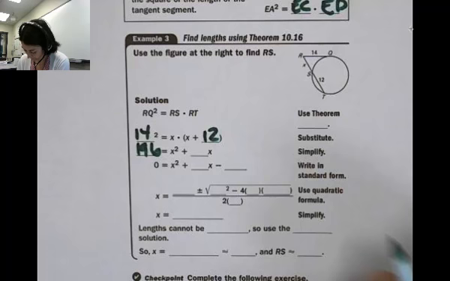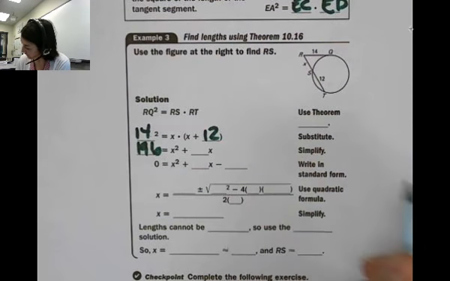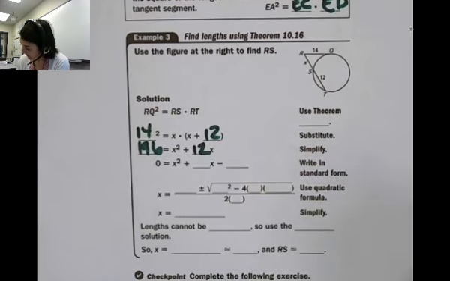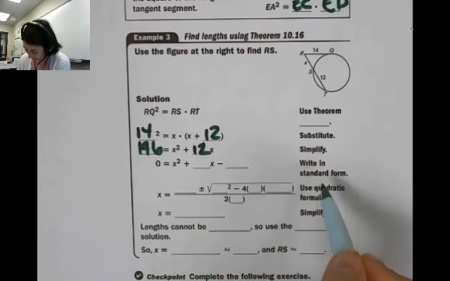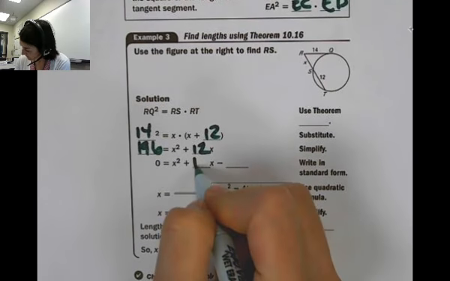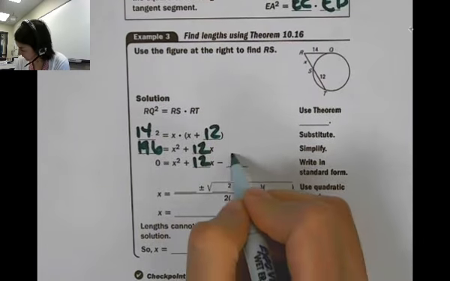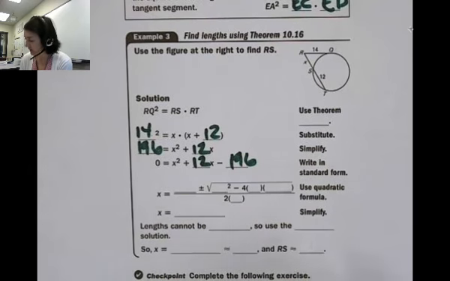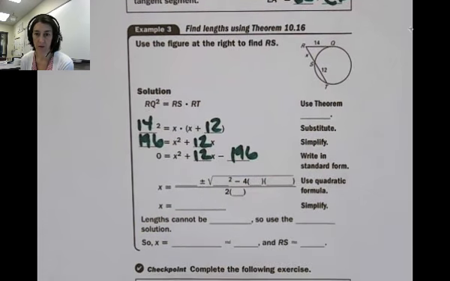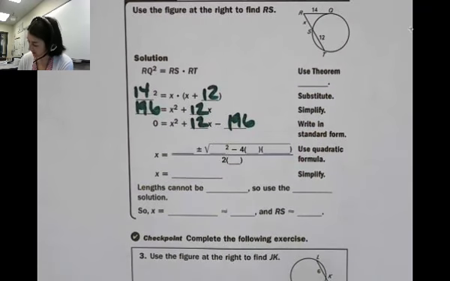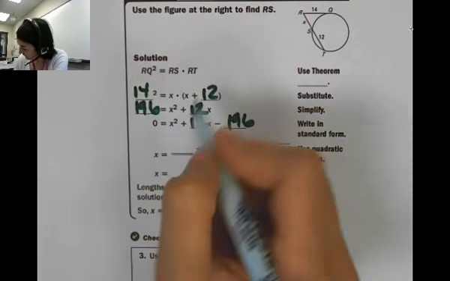I'll do that one for you. 14 squared, apply the distributive property here, and here we're going to write the equation in standard form. This problem doesn't factor, so we're going to go ahead and use the quadratic formula.